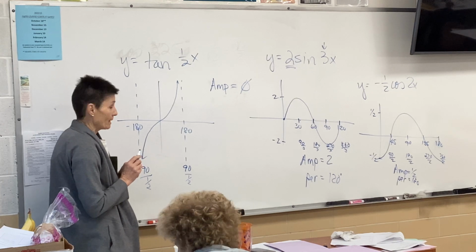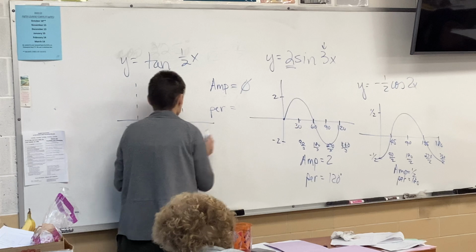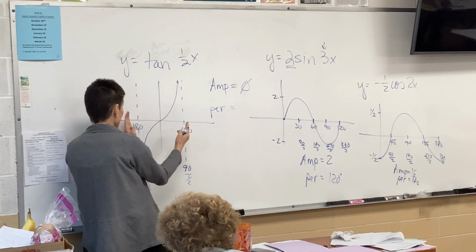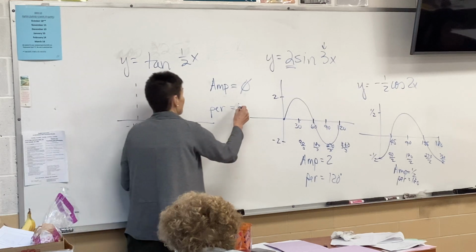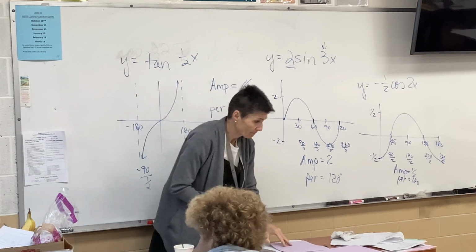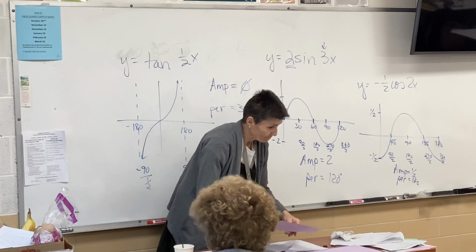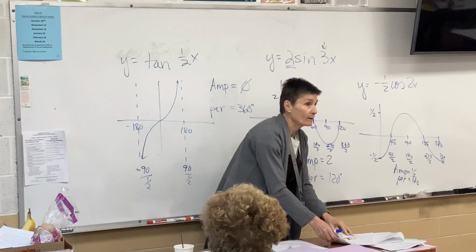Right? And then, what's my period? Period is beginning to end, so please don't say 180. Period's here to here, which would be 360. Okay?